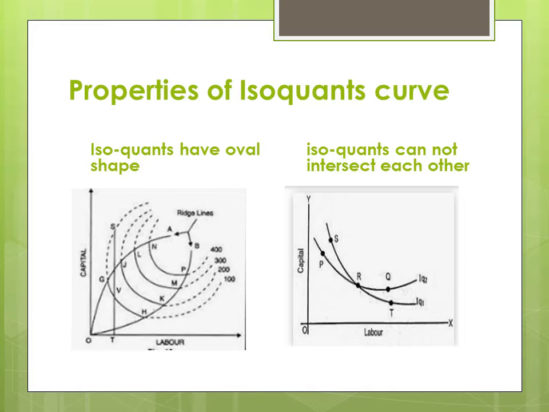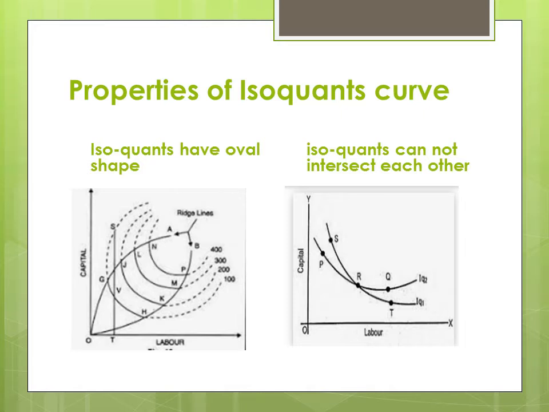The area inside the ridge lines is called the negative slope and economic region. The positive slope portion of the isoquant is the area outside the upper ridge line and lower ridge line.